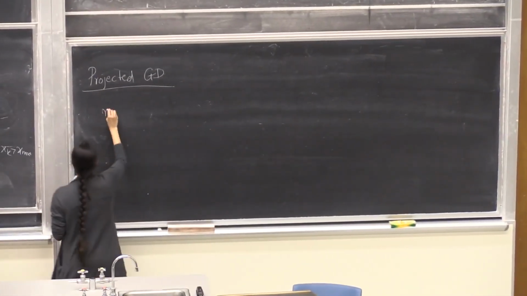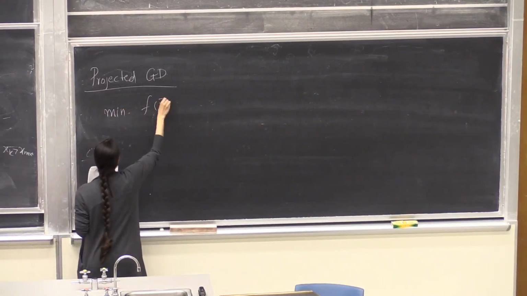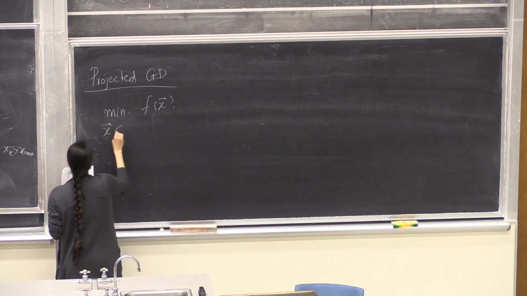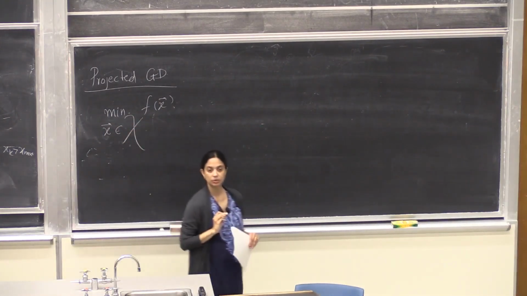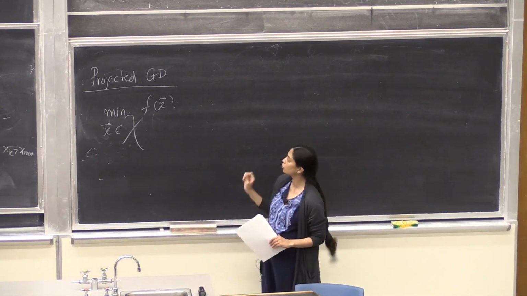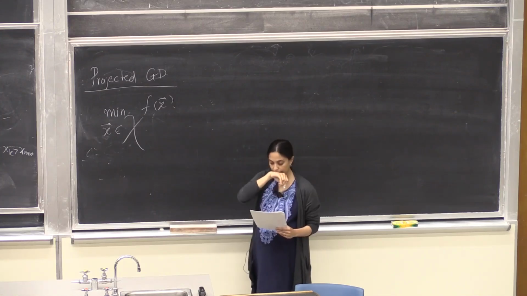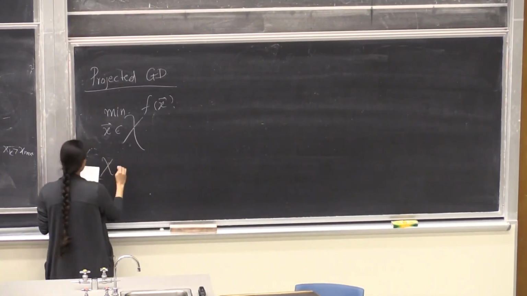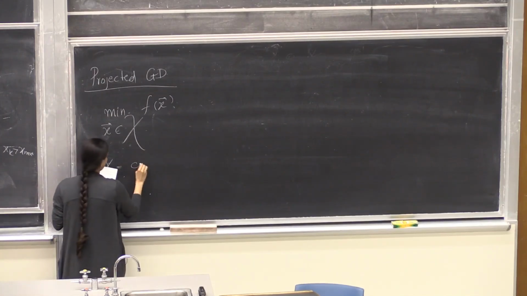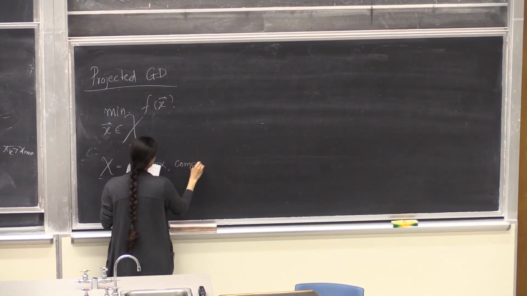So for example, if you had something like this, min of f(x) such that x belongs to some set script X, how am I supposed to do this kind of minimization? In this case, I'm going to consider X being a convex and compact set.